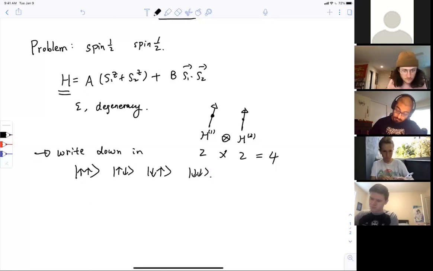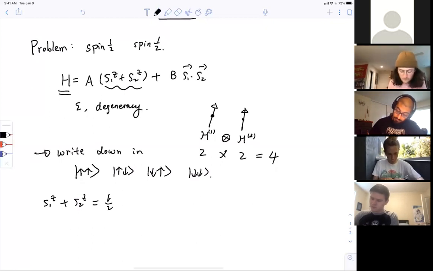To do that, we know this sigma 1z. So for example, for this term, S1z plus S2z, which is sigma 1z plus sigma 2z.